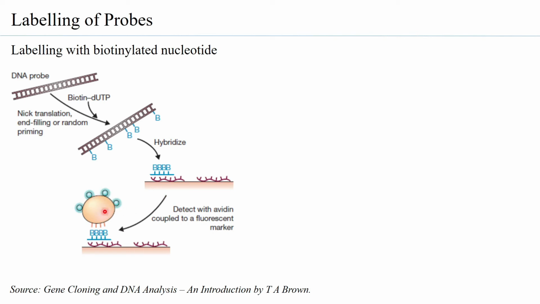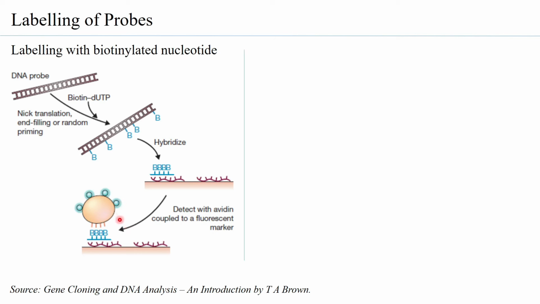Because the avidin-biotin interaction is highly specific, wherever there is biotinylated probe, the avidin is going to bind, and under the fluorescent microscope or under UV, one can observe where in the nitrocellulose membrane the fluorescence is happening, and that is the colony, or that is the place where you have the gene of your interest.